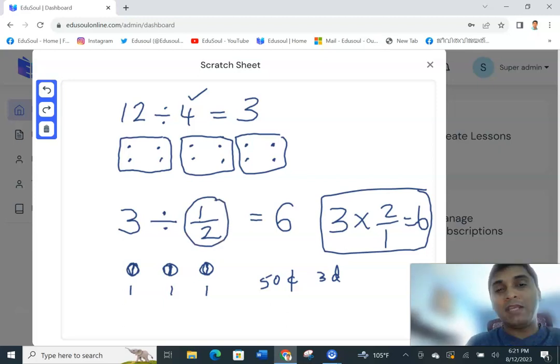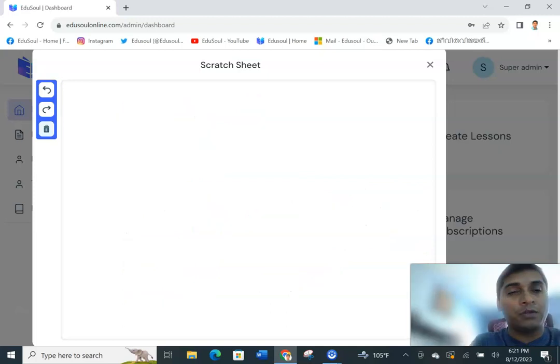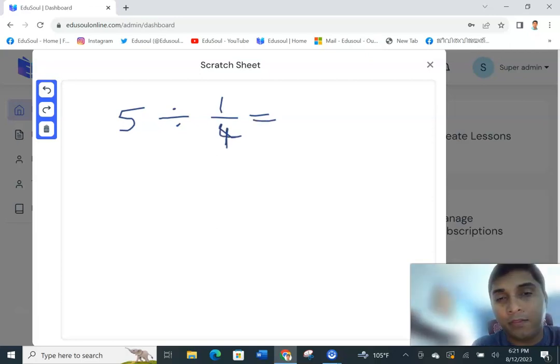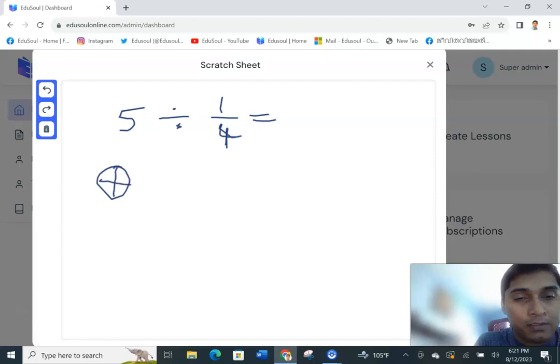So basically you should understand that multiplication is repeated addition. Division is kind of a grouping. So it's very easy to understand when it says 5 divided by 1/4. Okay, 5 divided by 1/4. Now how would you do that? So the logic is each one has actually 4 quarters.